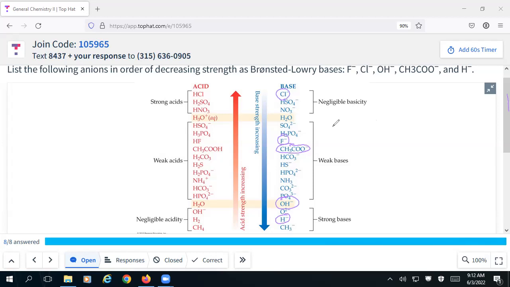So hydrogen ion, or excuse me, hydride ion, H- would have been first, then hydroxide, then acetate, then fluoride, then chloride.